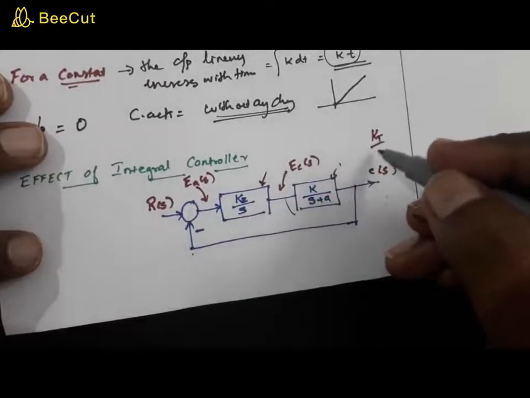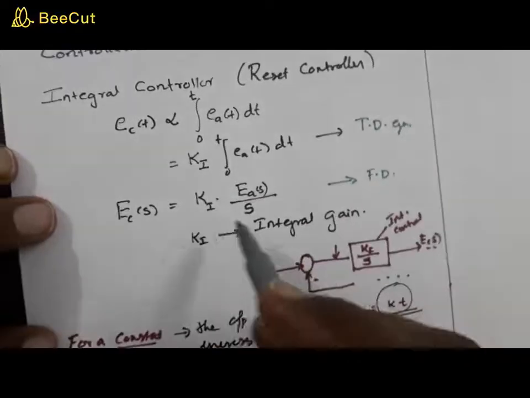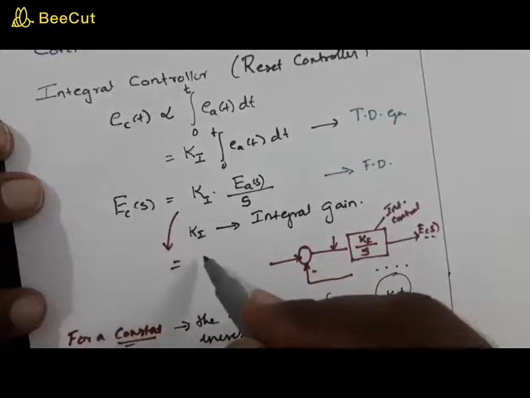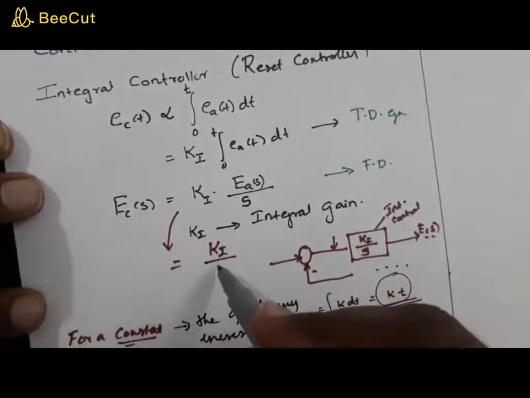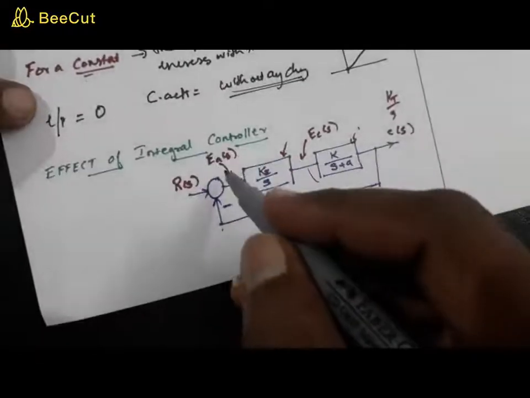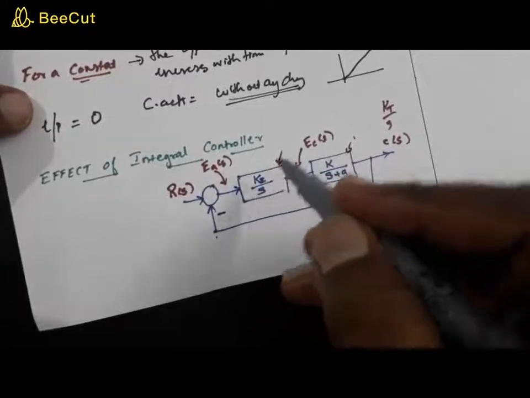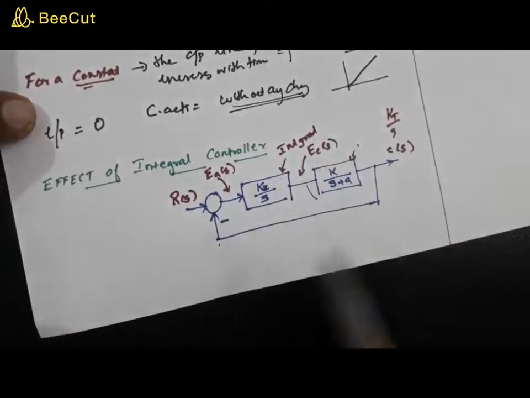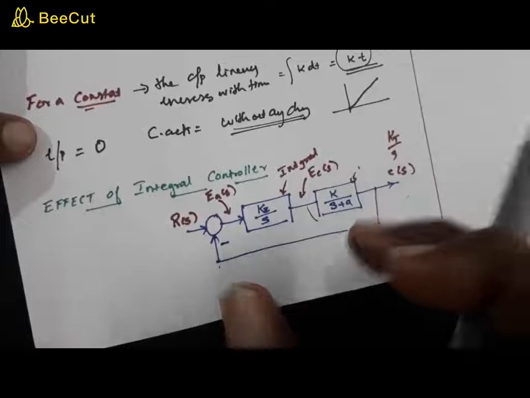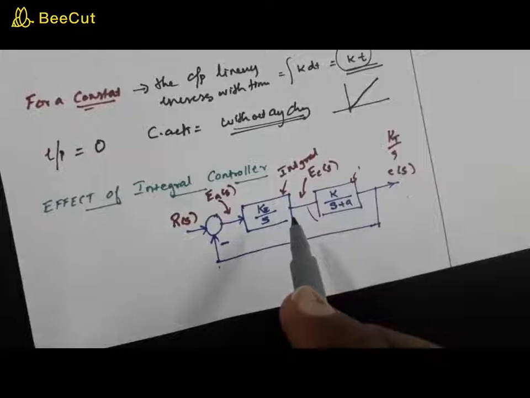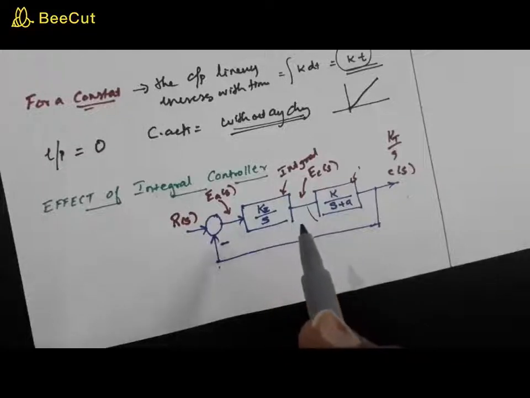This can be written as Ki by s into Ea of s. So this is the integral block, or the integral controller. I'm connecting an integral controller along with this process, and now we are going to study the effect of this integral controller.